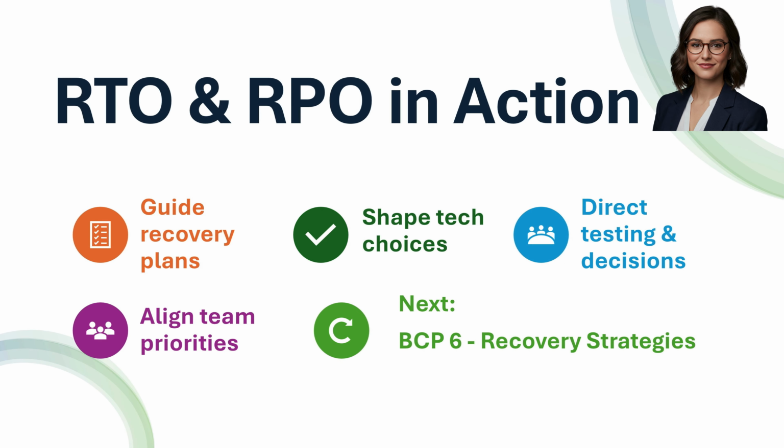Ultimately, your defined RTO and RPO values will guide your recovery planning efforts. They will influence your resource allocation, the technology choices you make for backup and recovery, the scenarios you test in your exercises, and the business decisions you make during an actual disruption. They provide clear operational priorities for your recovery teams.